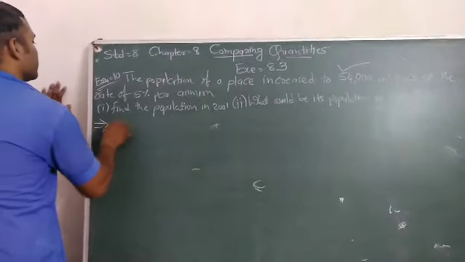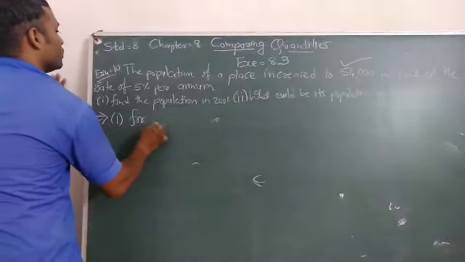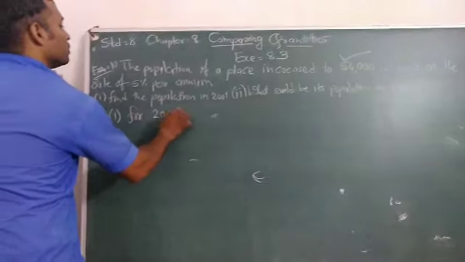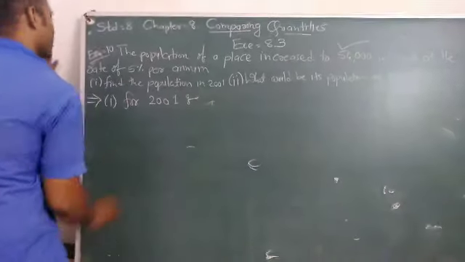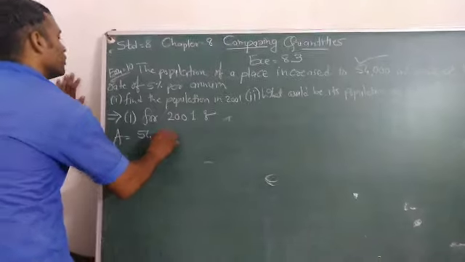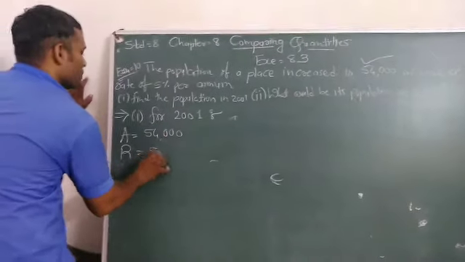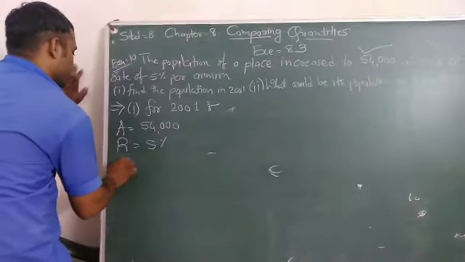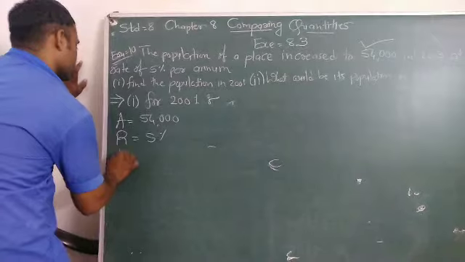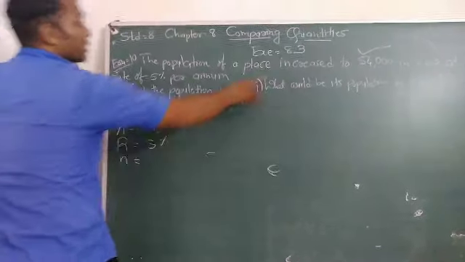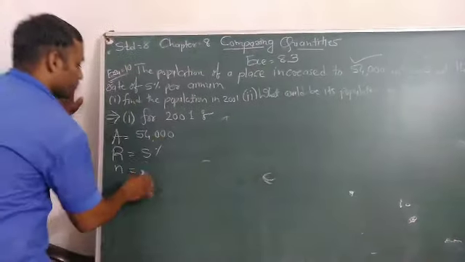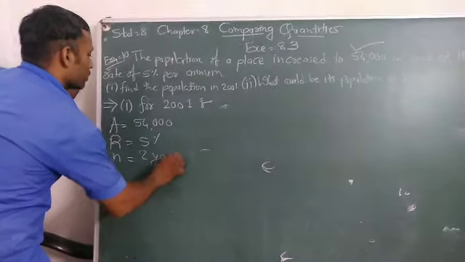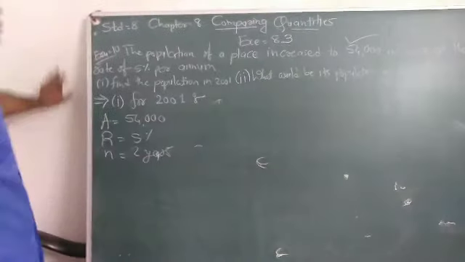For the first condition, for 2001, amount will be 54,000. Rate of interest is 5% and tenure, okay, it is 2003 and 2001, will be 2 years.